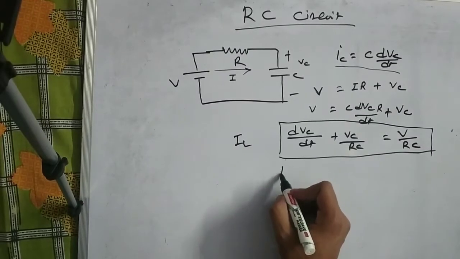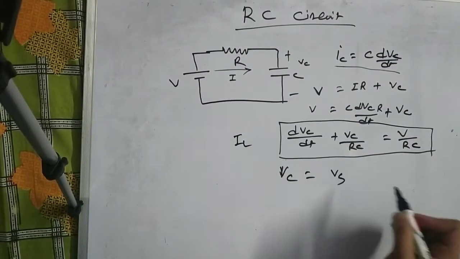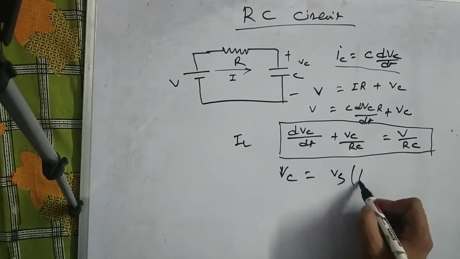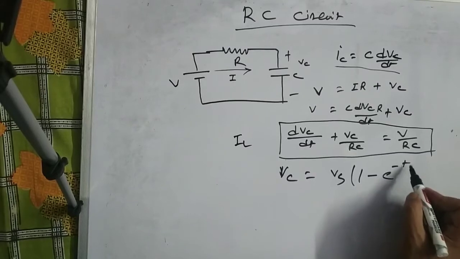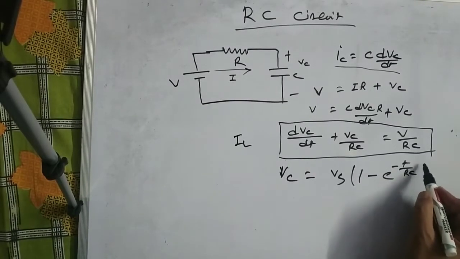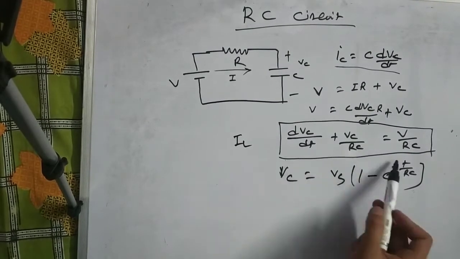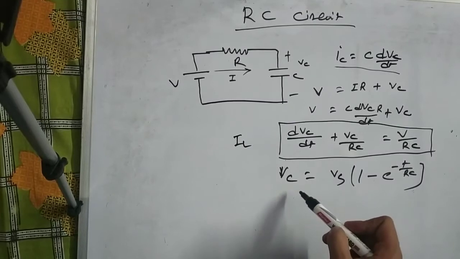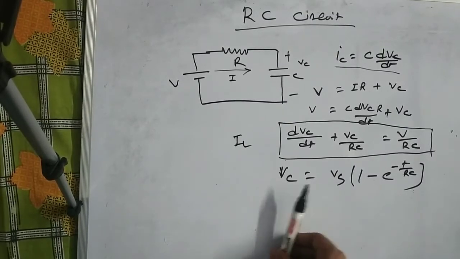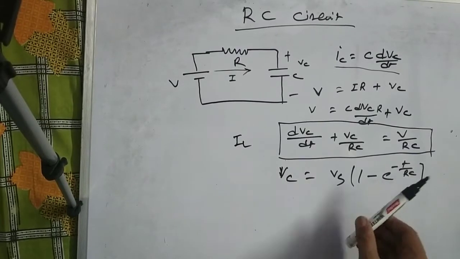If we integrate it, solve the differential equation, then we will get the capacitor voltage Vc equal to Vs into 1 minus e to the power minus t by RC.